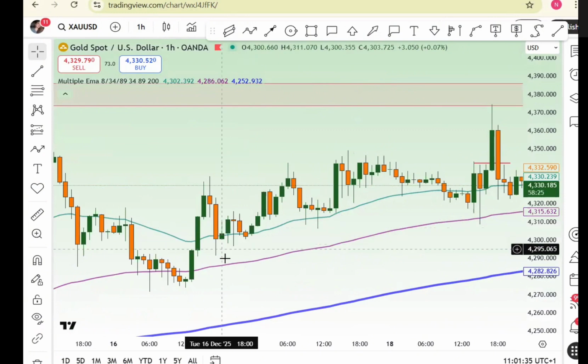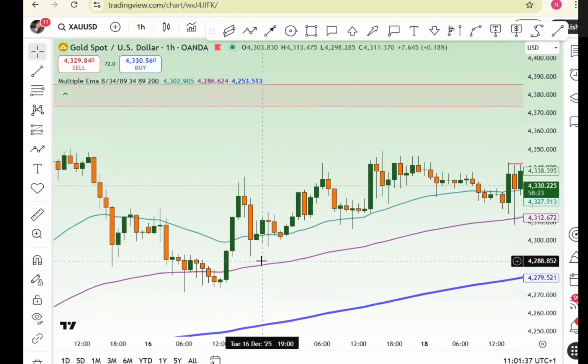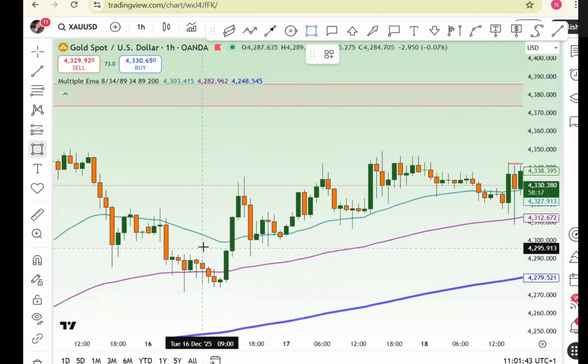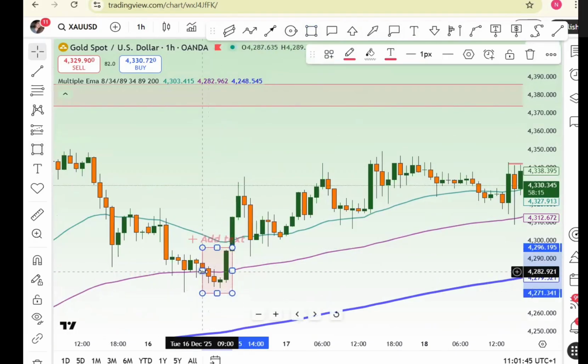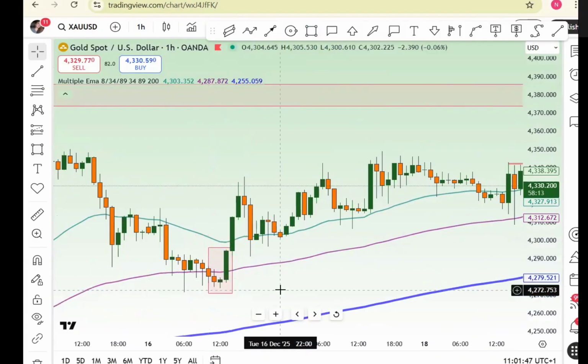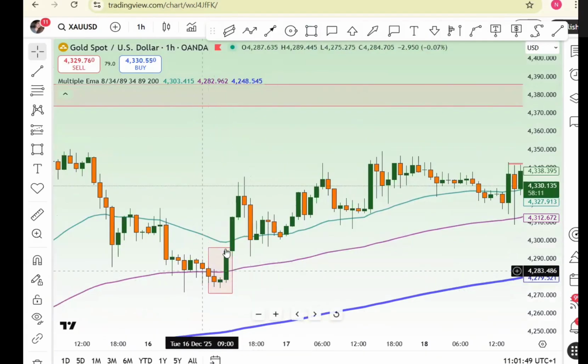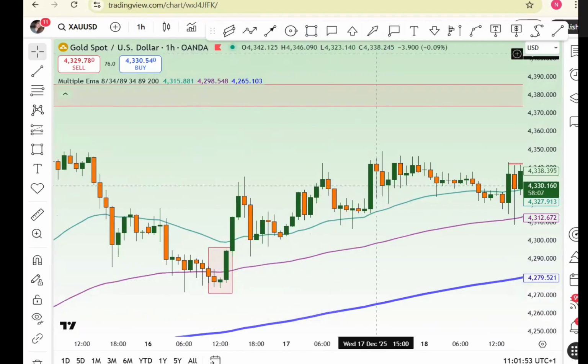For example, like this one, we can find it as the morning star, right? Morning star. These three candles appear at a support zone. Why can we see it as the support zone?